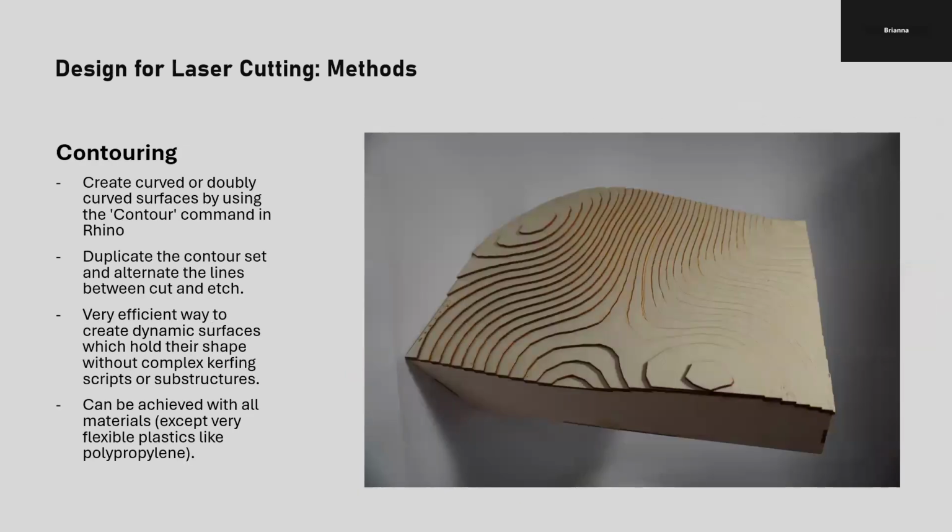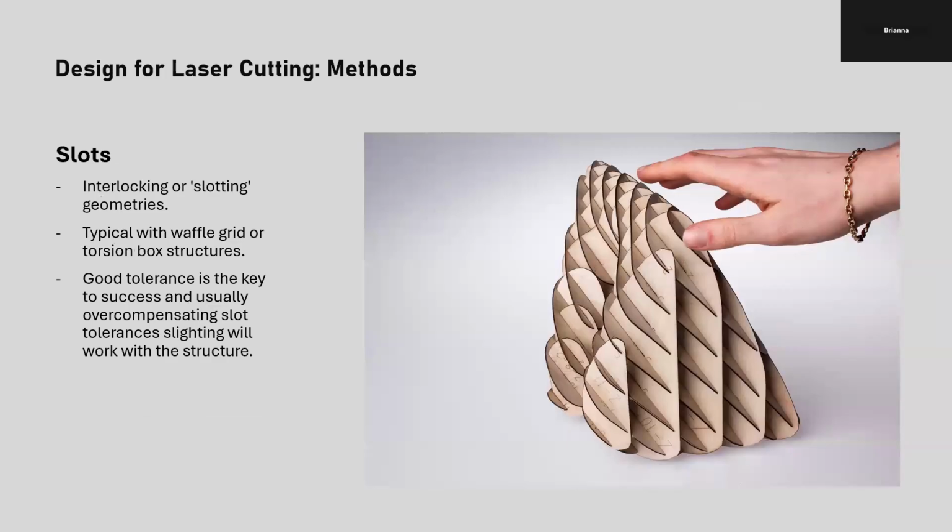Contouring, which is what we're going to talk about today, basically just stacking up cut sheets or planar pieces in order to create an approximation, an abstraction, or an interpolation of more complex surfaces in an efficient way.